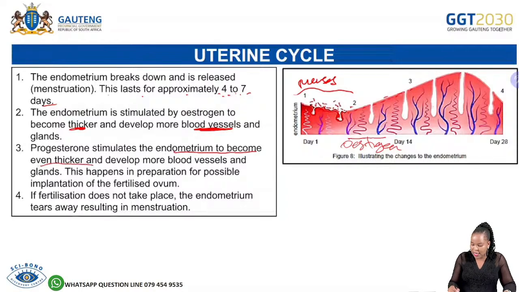As the days go, as the progesterone is being released in high amounts, it makes our endometrium even thicker. This happens to prepare for possible implantation. If fertilization takes place and a pregnancy is formed, you would want that zygote to embed in a rich and nutritious endometrium. So progesterone is there for that.